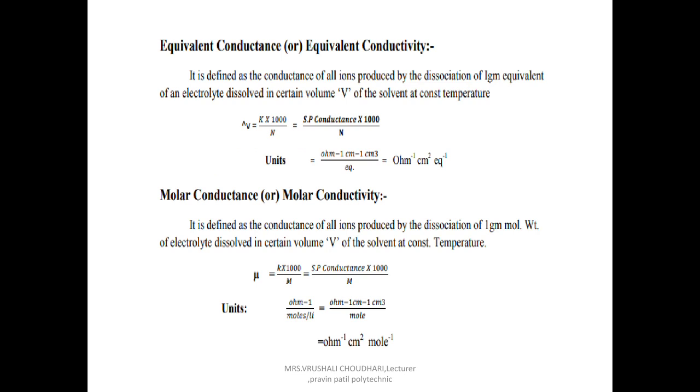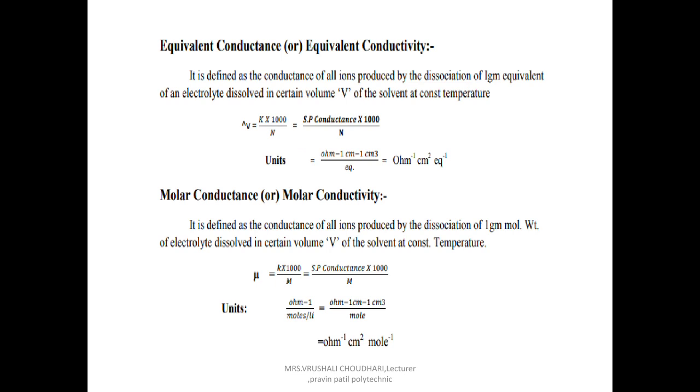Equivalent conductance or equivalent conductivity. It is defined as the conductance of all ions produced by the dissociation of 1 gram equivalent of an electrolyte dissolved in a certain volume V of the solvent at a constant temperature. Unit is ohm inverse cm square equivalent inverse.